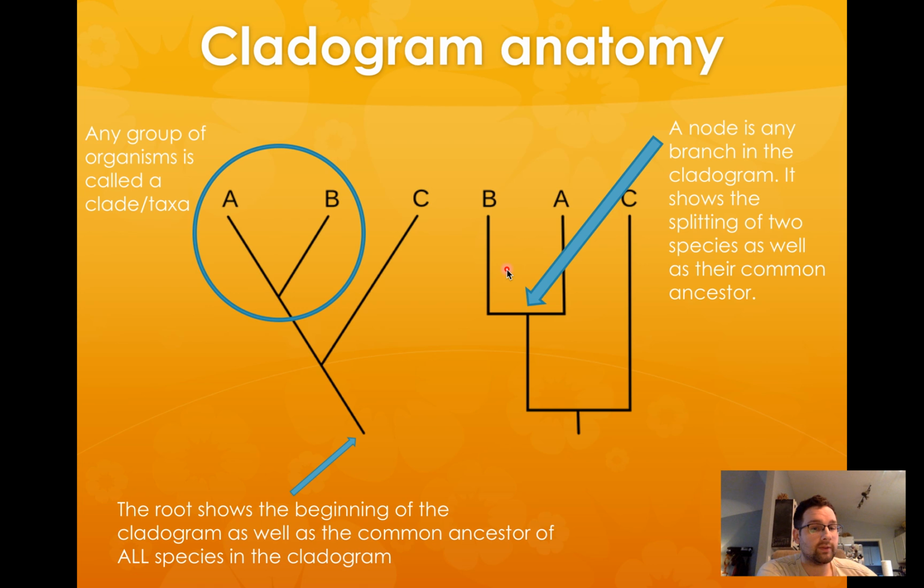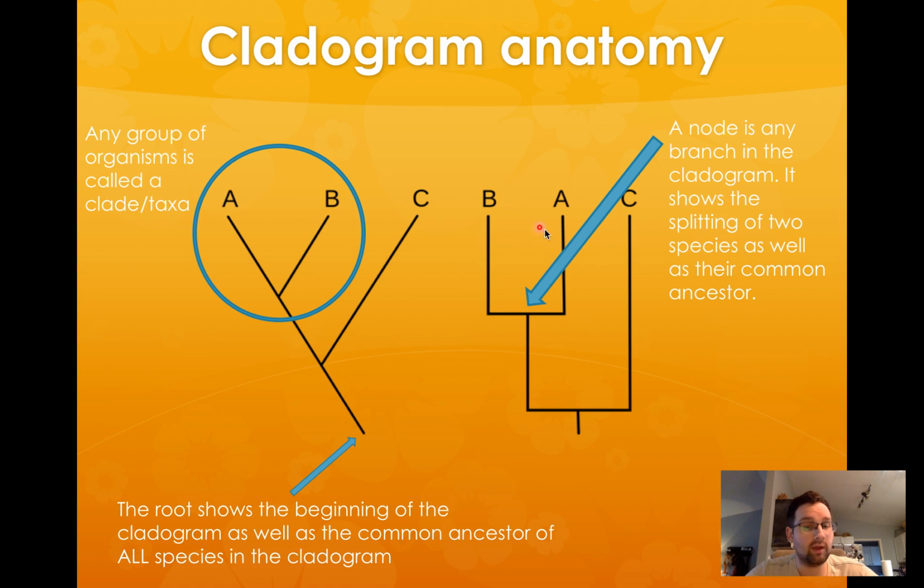It's just a different way to write them. This one is showing A and B are more closely related to each other, whereas A and C are more distantly related to each other. This is still showing the same thing. Notice B and A over here on the right are flipped, but that doesn't mean their relationship isn't still the same. You can go like this.